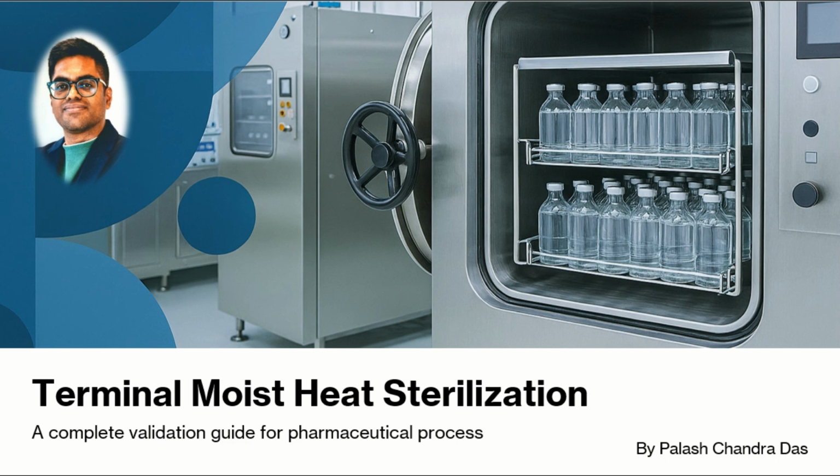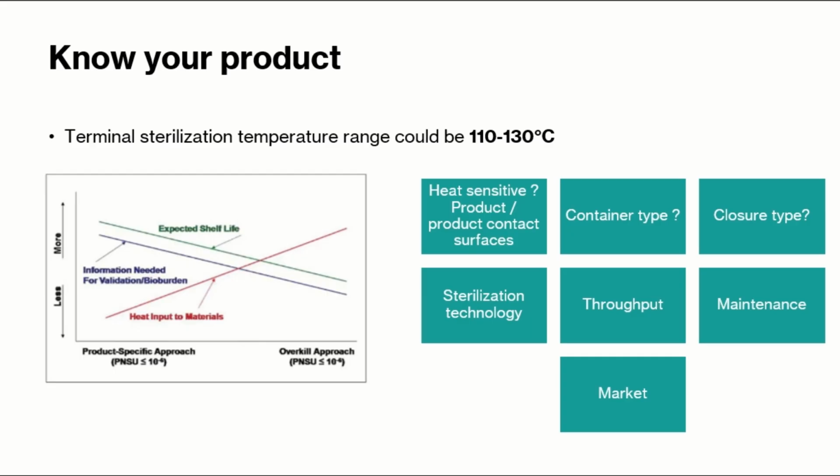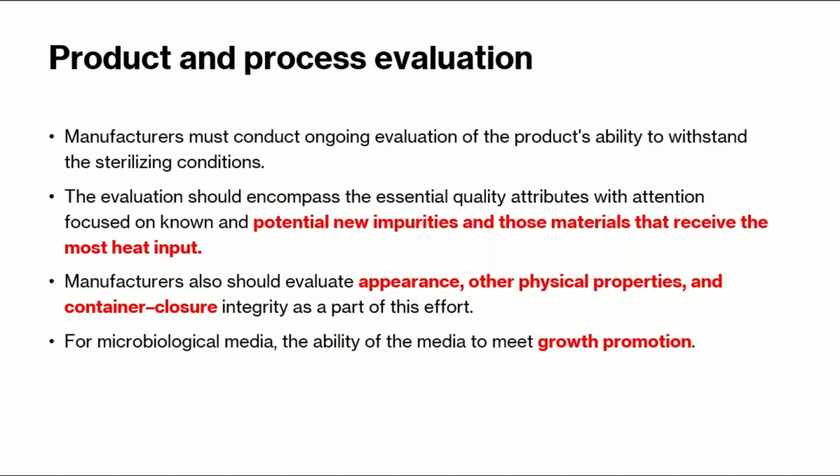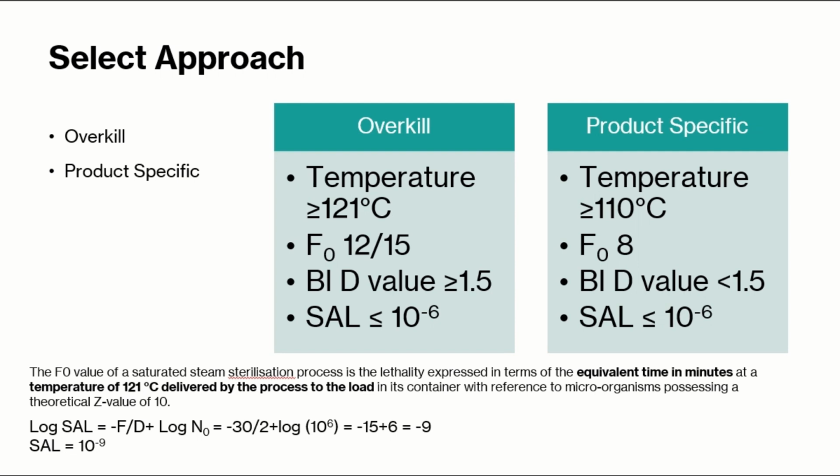So I will quickly summarize what we spoke about during this presentation. We talked about what you want to look at in your product design. Why do I say product design? Because we spoke about the solution, primary container, closure, and throughput, a bit of technology, maintenance, and US, Europe, and rest of the market, and how you want your product to be distributed. Then we talked about overkill and product specific approaches.